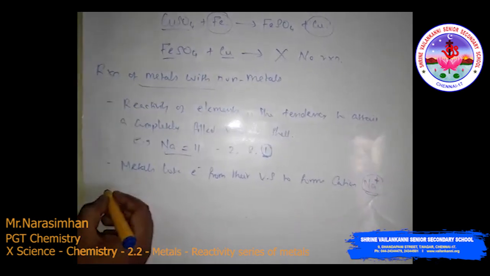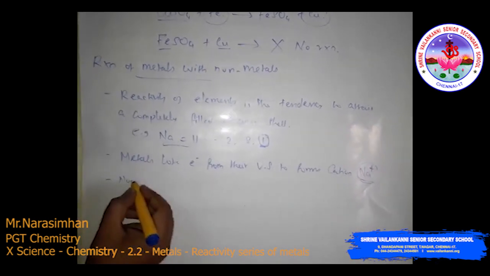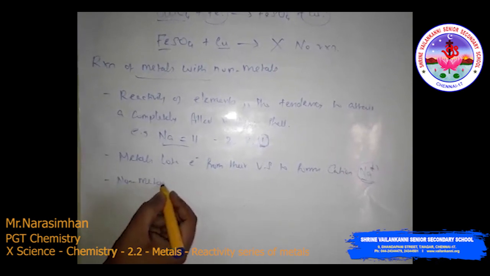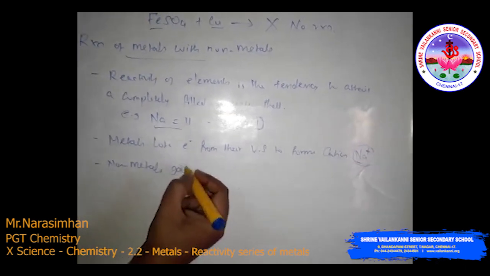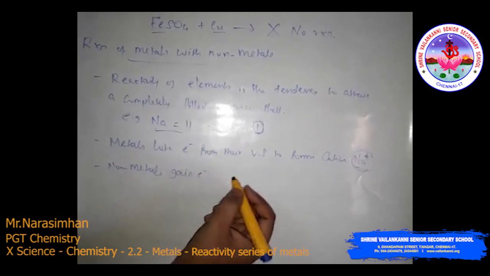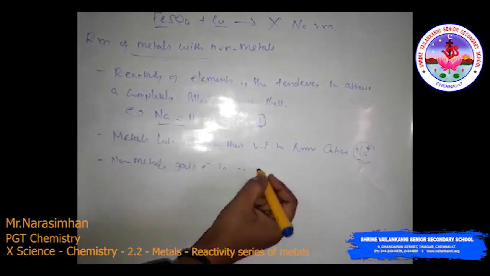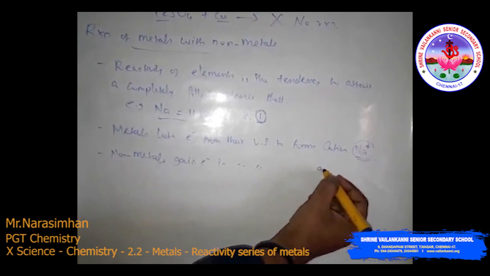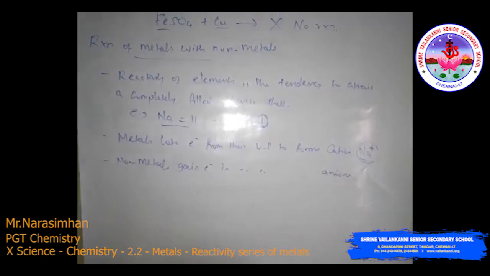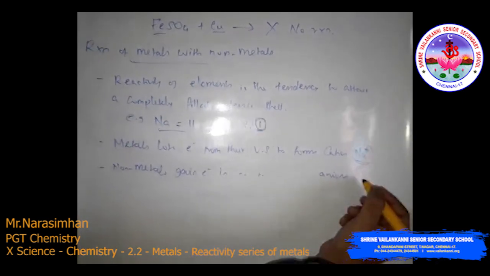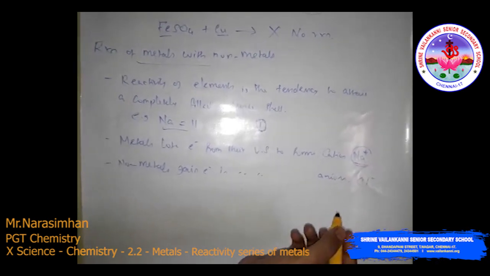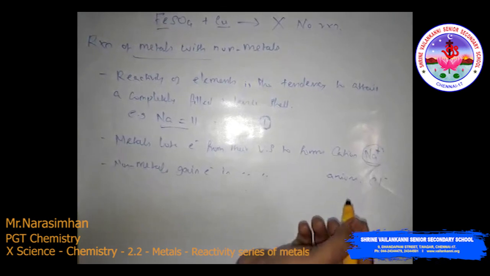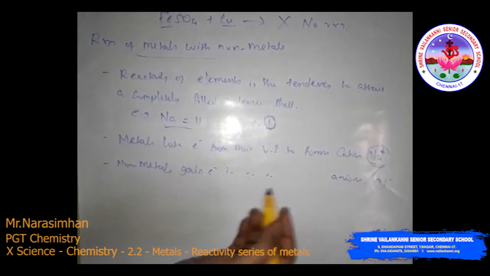Similarly, non-metals gain electrons. Here we lose electrons, and the non-metal gains electrons in its valence shell to form an anion. For example, chlorine forms Cl minus, an anion. I will explain some more examples.